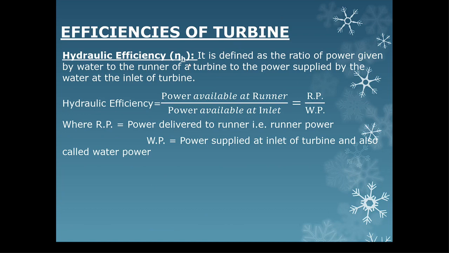First is hydraulic efficiency. It is the ratio of runner power to water power. It is defined as the ratio of the power given by the water to the runner of the turbine to the power supplied by the water at the inlet of the turbine. So runner power divided by water power.